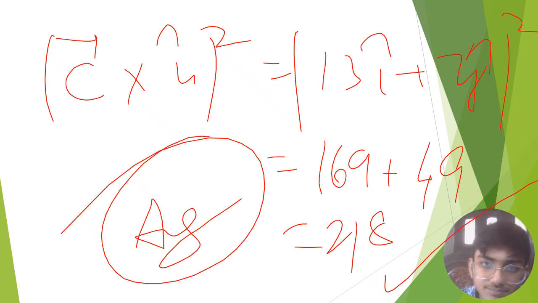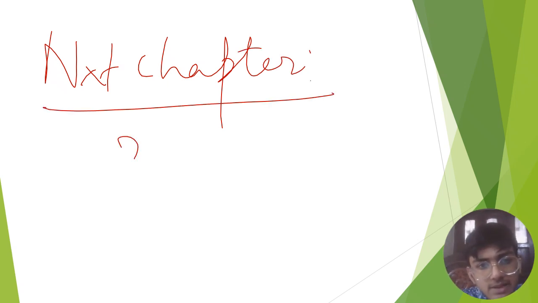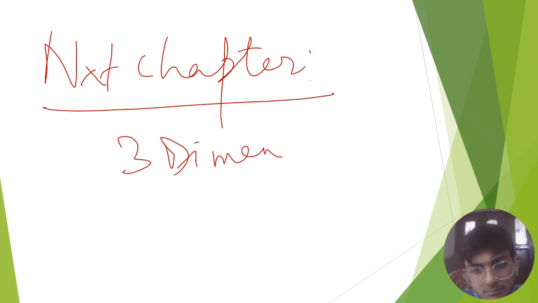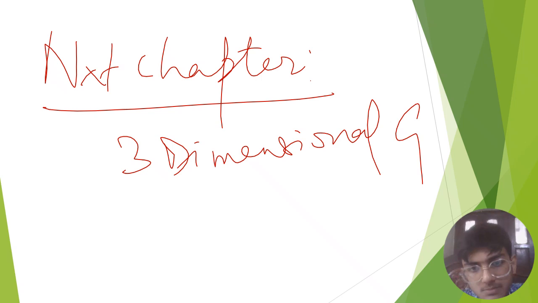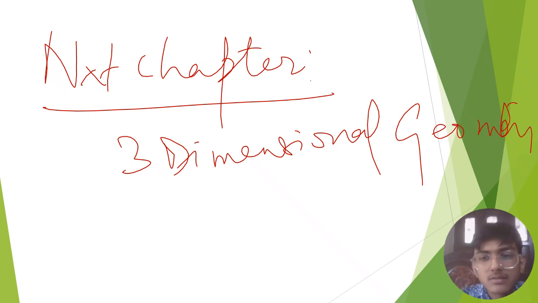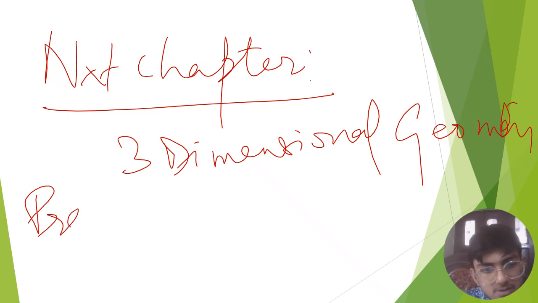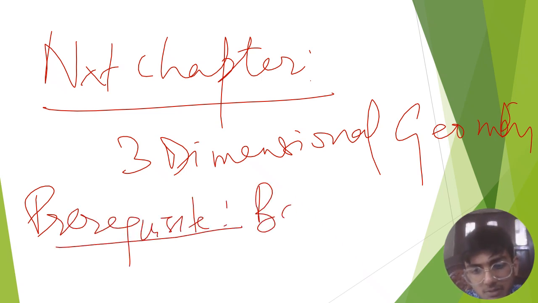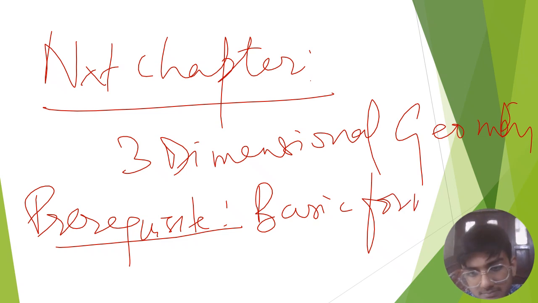So with this we have completed the vectors chapter, and the next chapter will be three-dimensional geometry. Please have a recap of vectors. There is a prerequisite, at least basic formulation of vectors.